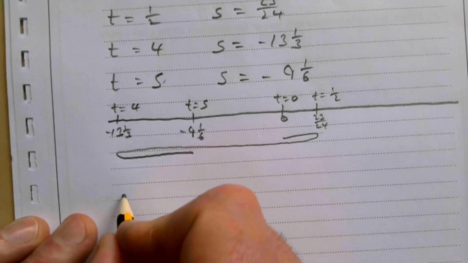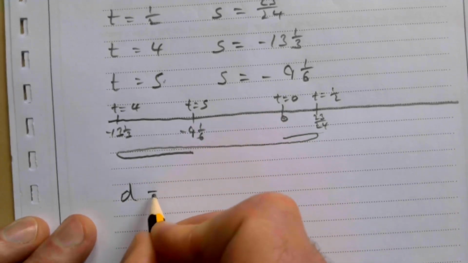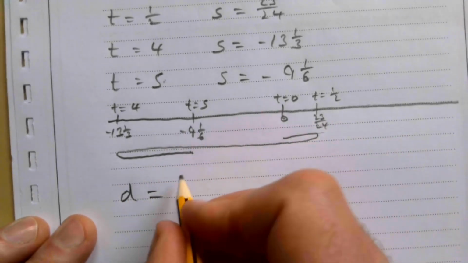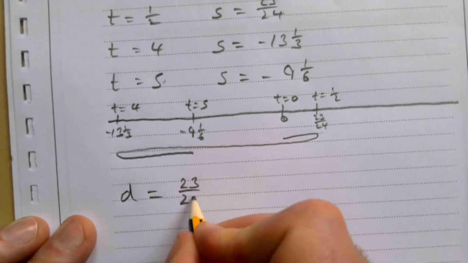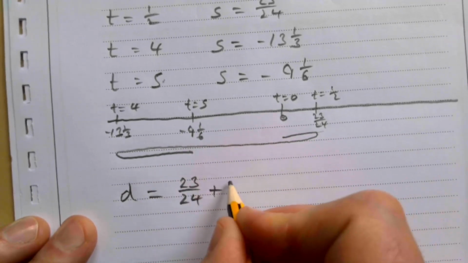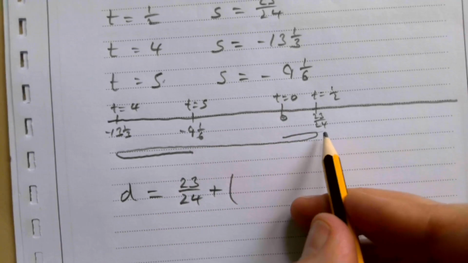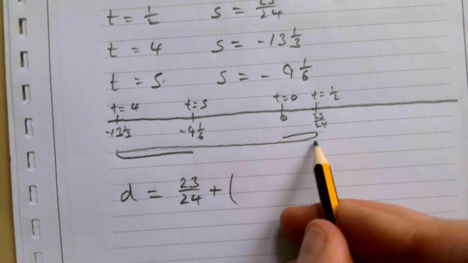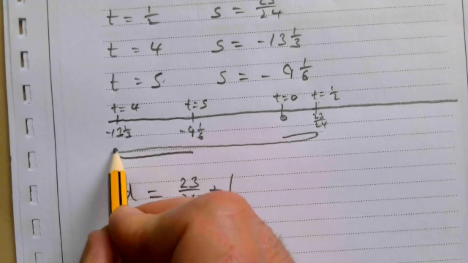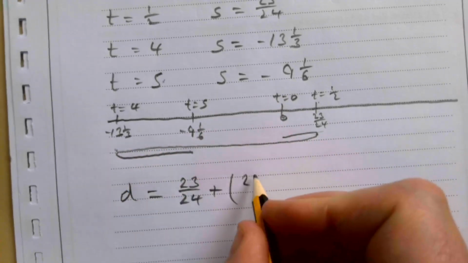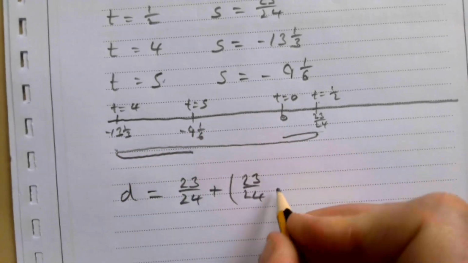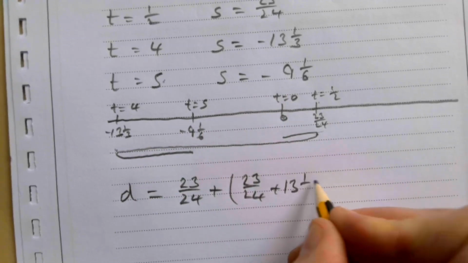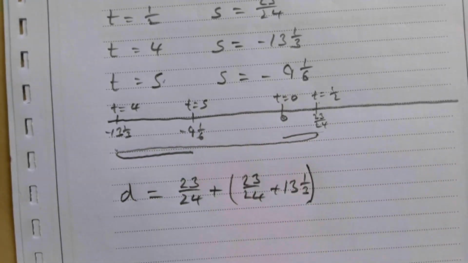So let's work out what we're doing. From here to here is going to be 23 over 24, plus to get from here to here, so after a half, it's 23 over 24 plus 13 and a third. I hope we're good with that. So you can just put that in your calculator.